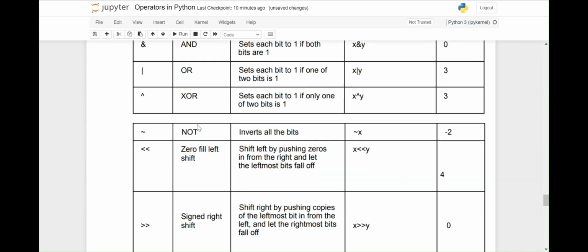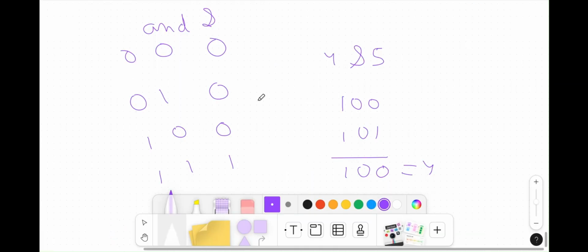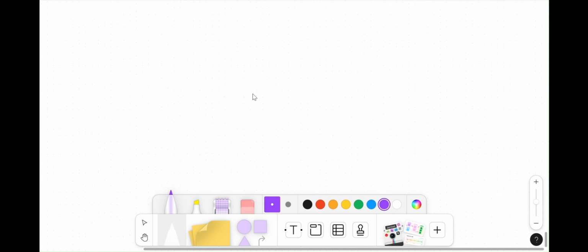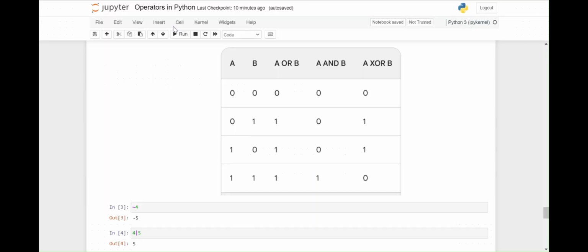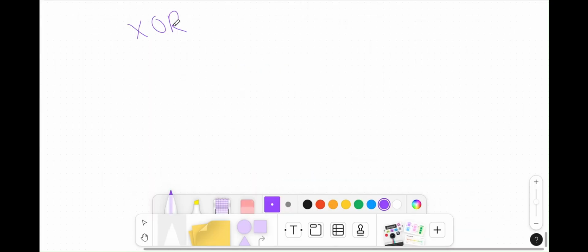So we've done these 3. Let's just see XOR. To understand XOR, let's make the XOR table. I forgot the symbol, so I was just checking it. The symbol for this is this one. Here, if both are same, it is going to be 0. If both are different, it is going to be 1.